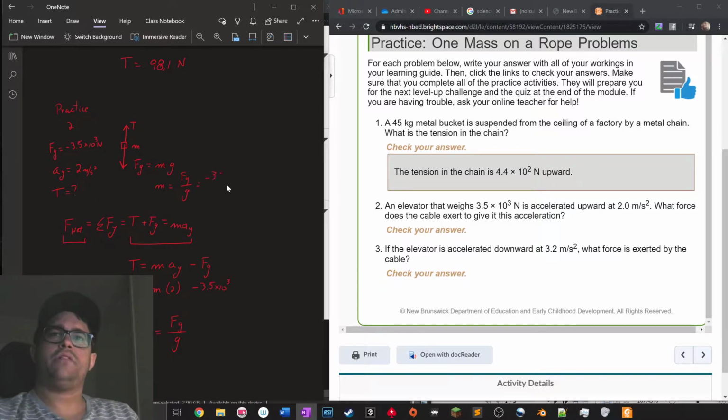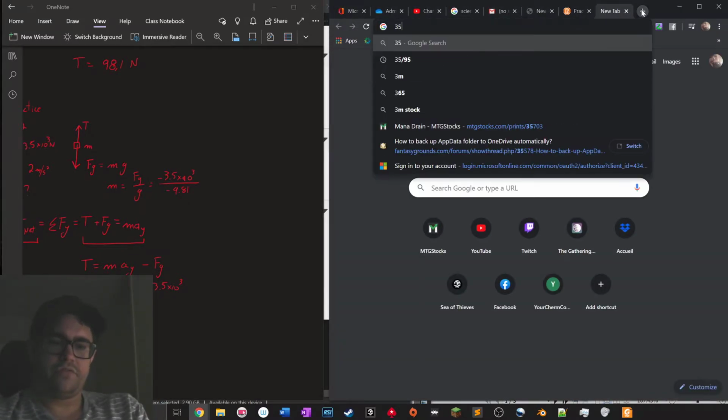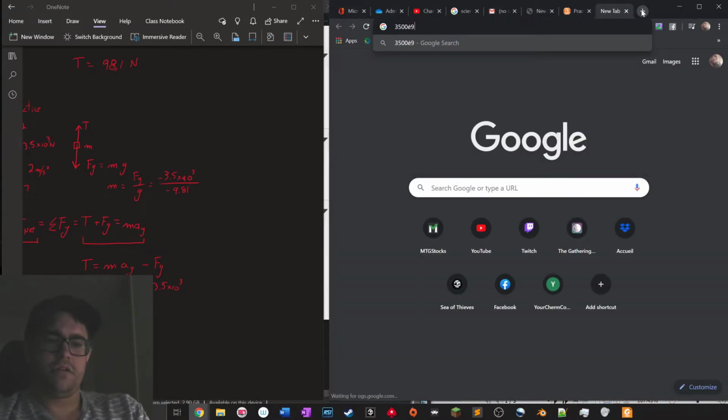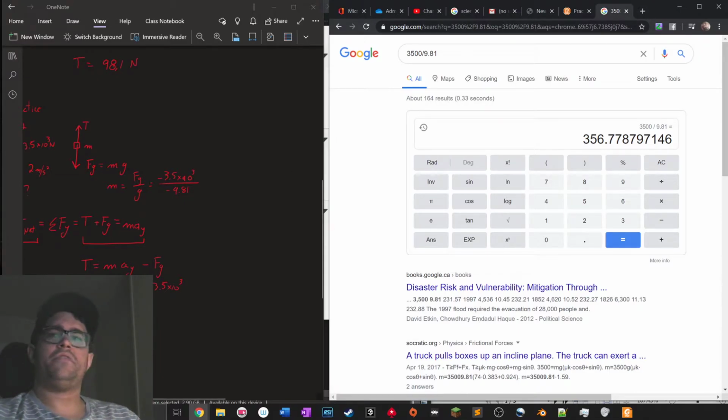So that's why I put the minus here, minus 3.5 times 10 to the 3, divided by minus 9.81. So this is 3,500. I don't have a calculator yet. 3,500 divided by 9.81. 356.78.